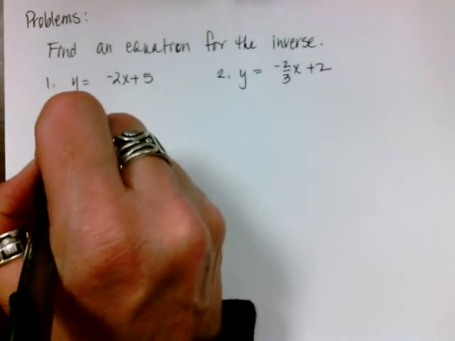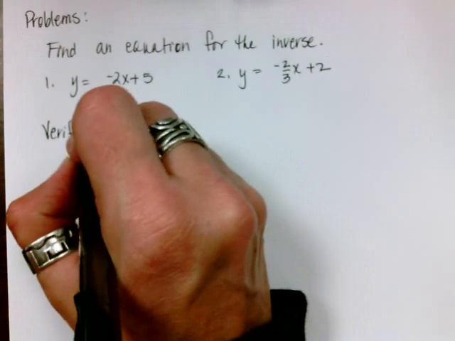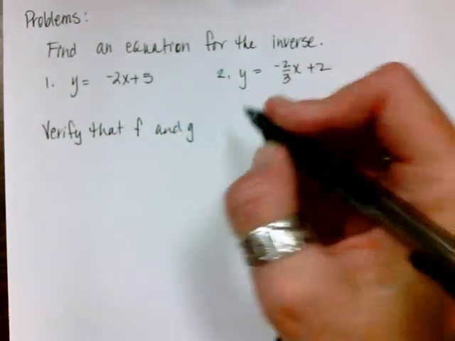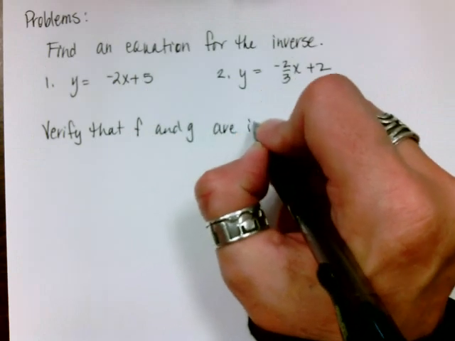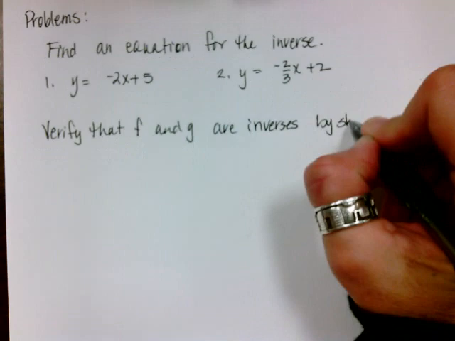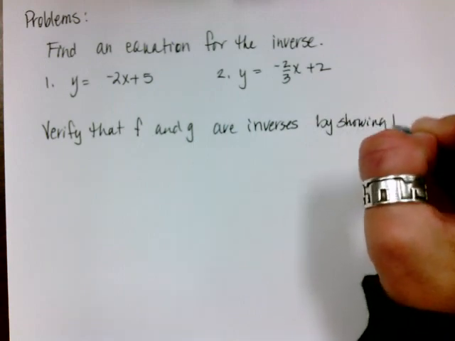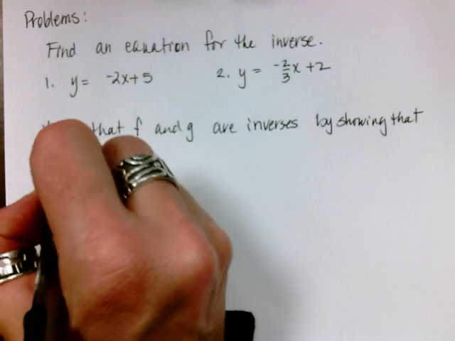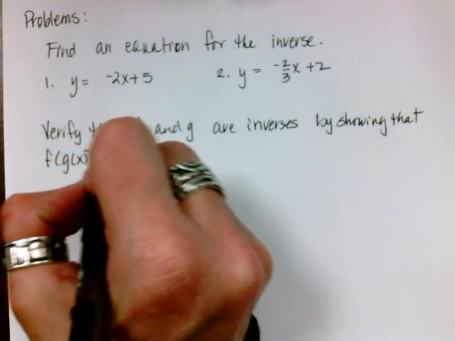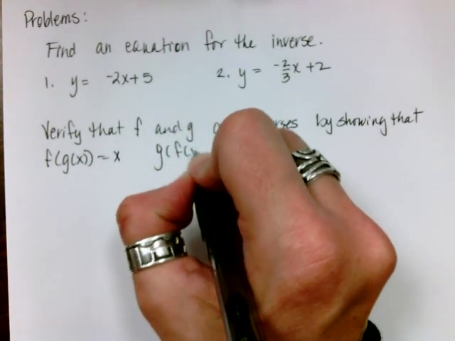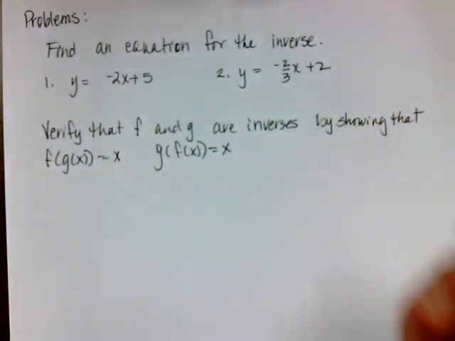The next set says verify that f and g are inverses by showing that the compositions equal x, so that f of g of x is equal to x, and that g of f of x is also equal to x.